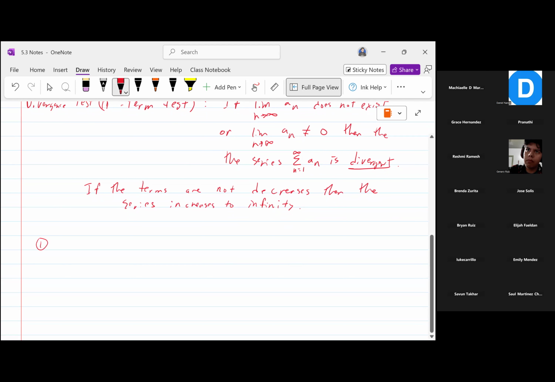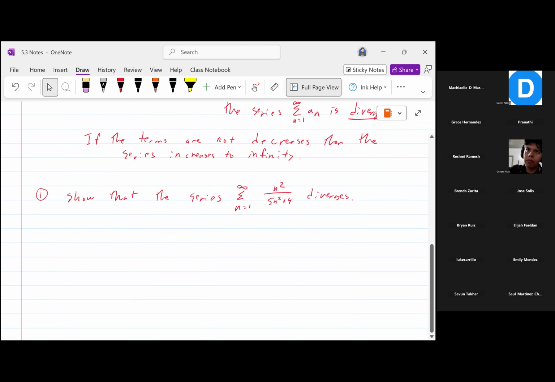Okay, number 1. Show that the series summation n equals 1 to infinity of n squared over 5n squared plus 4 diverges. Okay.